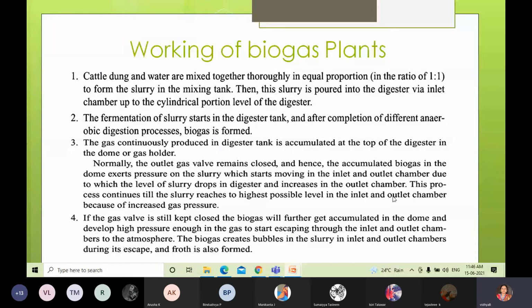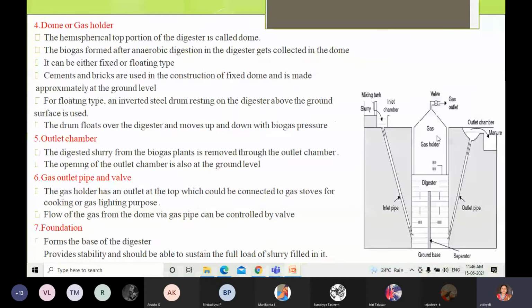If the gas valve is still kept closed, the biogas will further get accumulated in the dome. If we close this valve, then what happens?